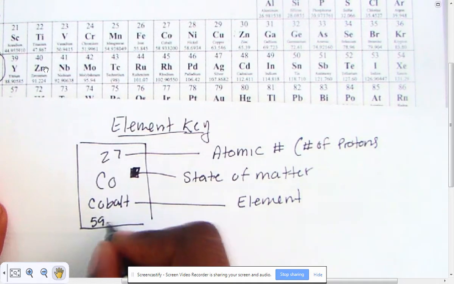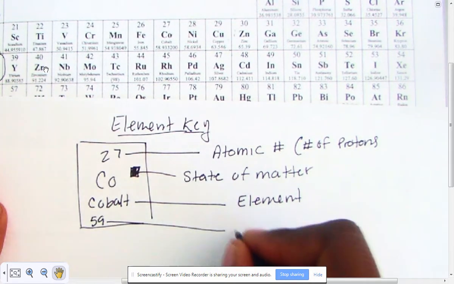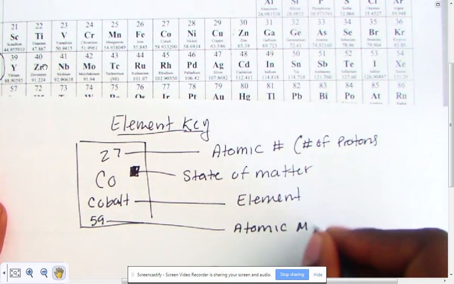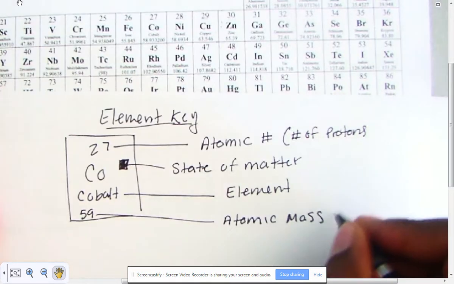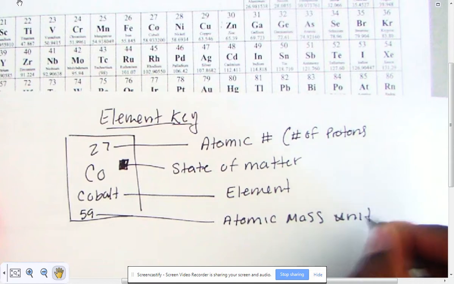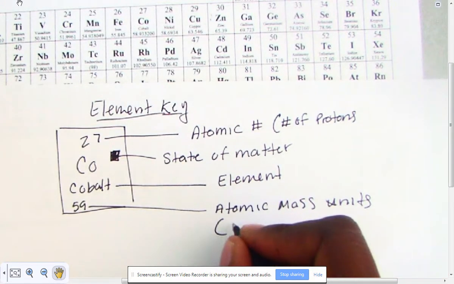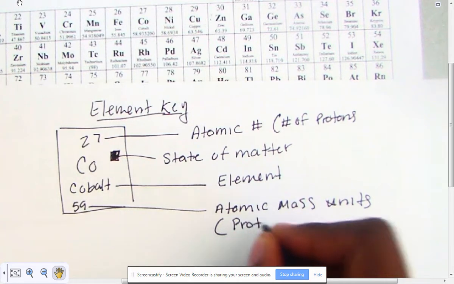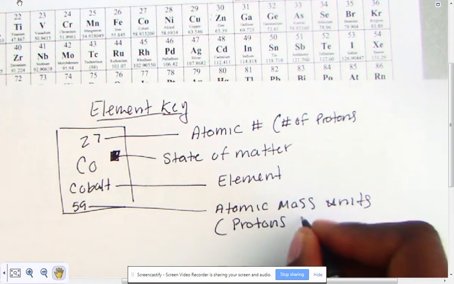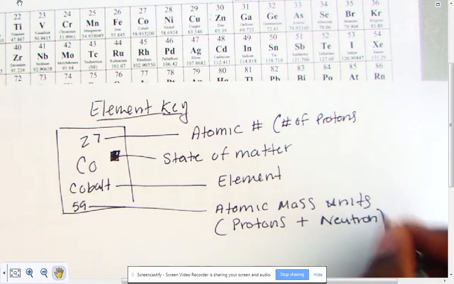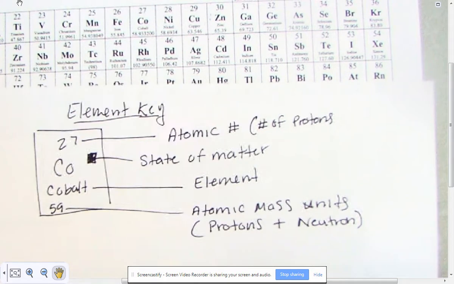And then last, 59 on the bottom, that's the atomic mass unit, or units. And that tells you the number of protons plus neutrons. So when you add the number of protons and neutrons, you get the atomic mass.